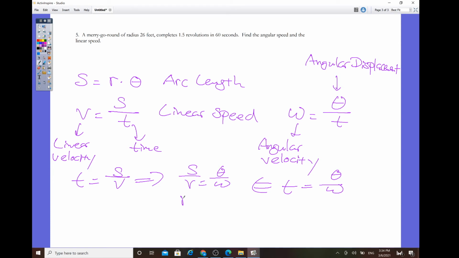It's R times theta, because that's the arc length. Theta over W, just keep it that way. Compare and contrast. As you can see, on both sides we do have theta. So basically we can divide by theta on both sides. What's left here? R over V equals 1 over W. And then cross multiply.